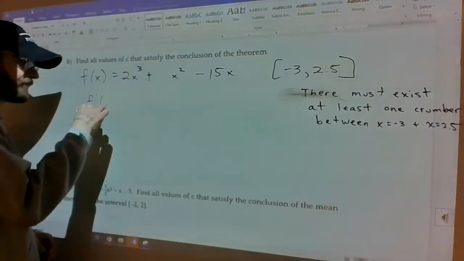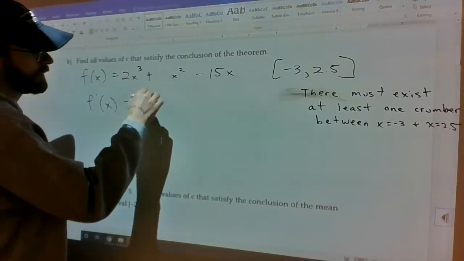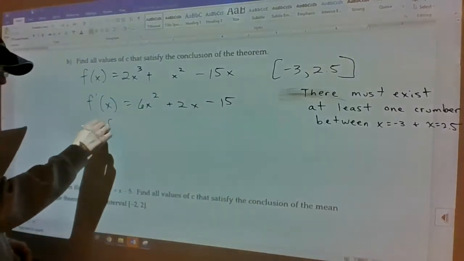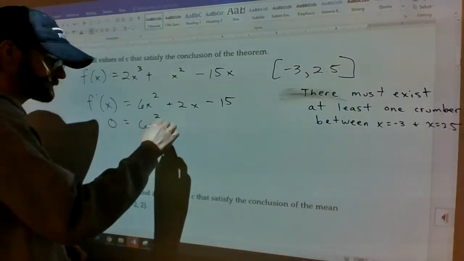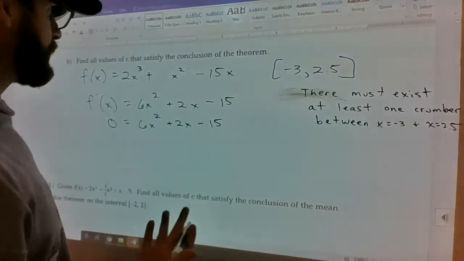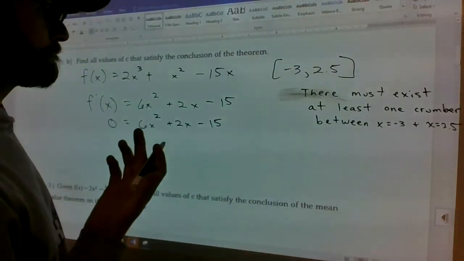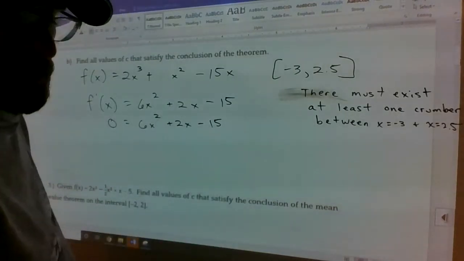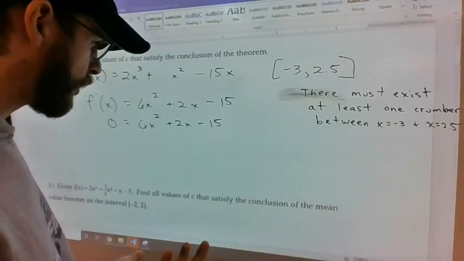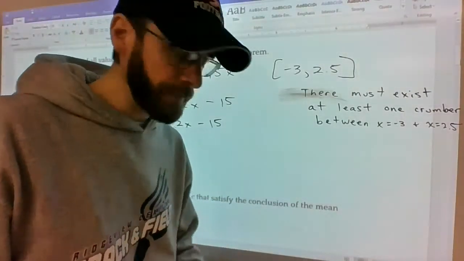Well, we take a derivative. We set it equal to 0. We ask ourselves, where does this potentially equal 0? I don't know if factoring's our best bet or if we should just go to the quadratic formula.